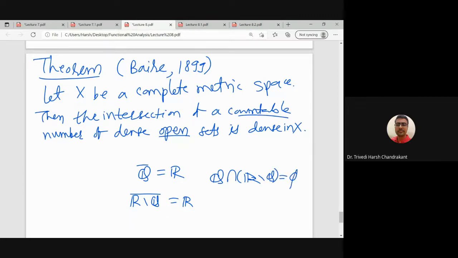So it is not dense in R. But this is not what we are saying, because we are taking open sets which are dense. So Q and R minus Q, are they open sets? No, sir.